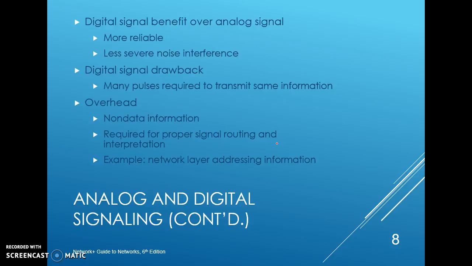Okay. So the benefits of going digital over an analog signal are, one, it's just more reliable. See, over time that analog signal tends to fade. Think of it when somebody's further away from you and they're yelling. The further away they are, the less you can hear them. And that's what really happens when it comes to an analog signal.